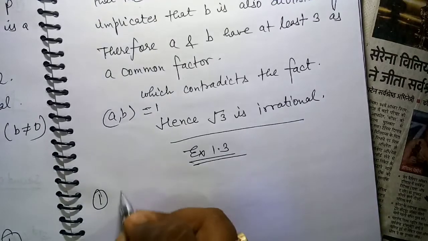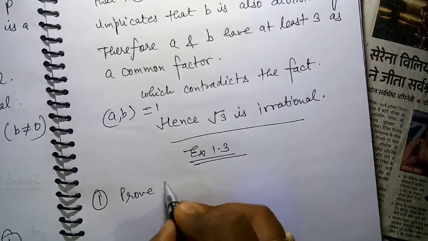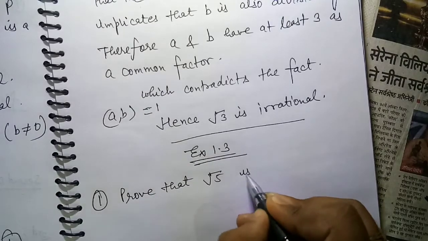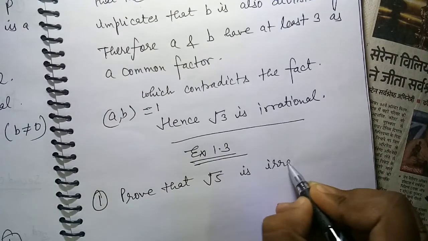First question: prove that root 5 is irrational.